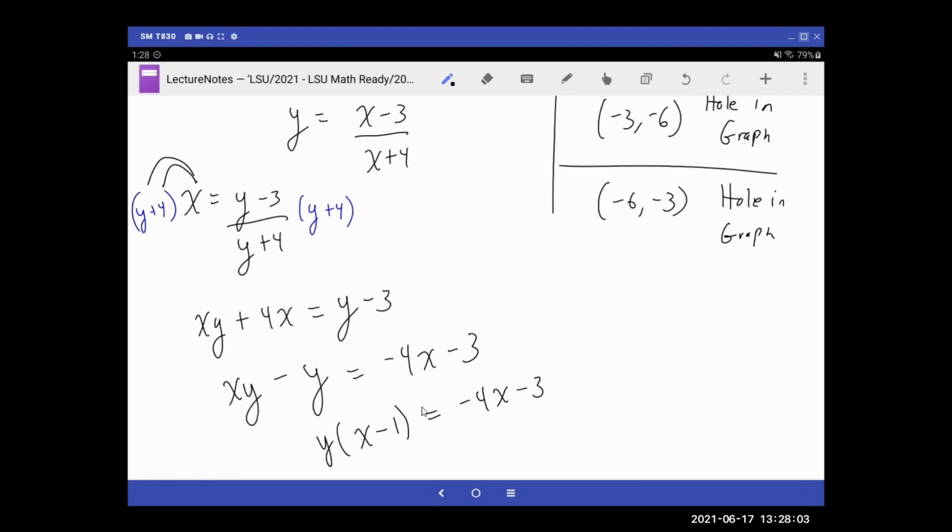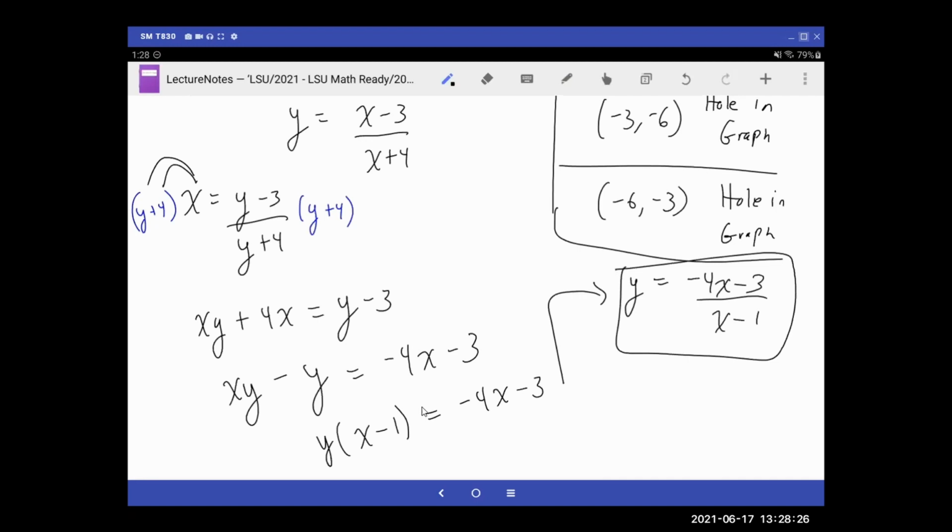Divide both sides by x minus 1. So there you go, that would be my inverse, except of course whenever x is -6, -3.